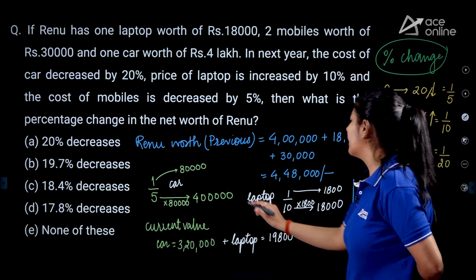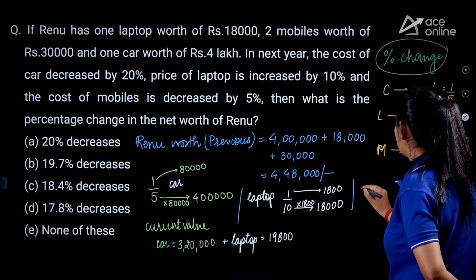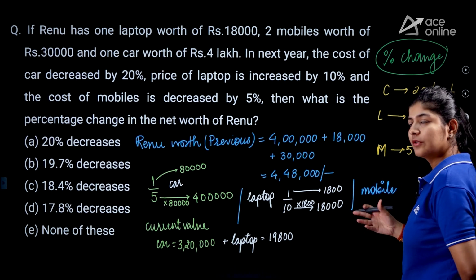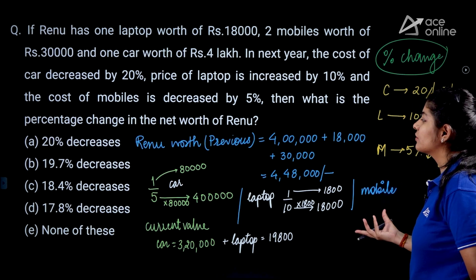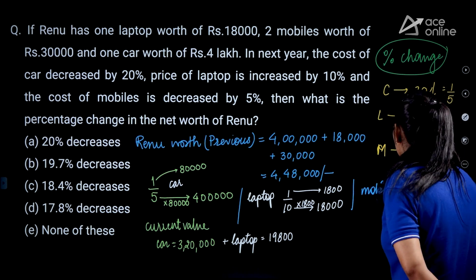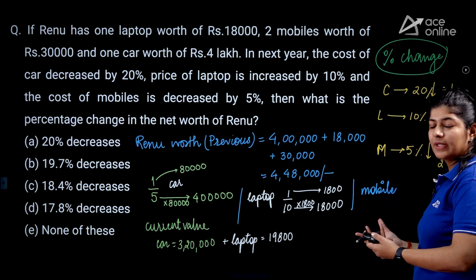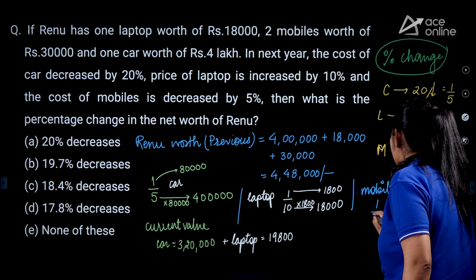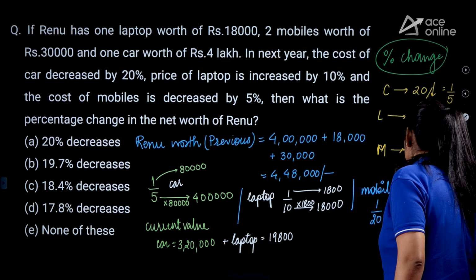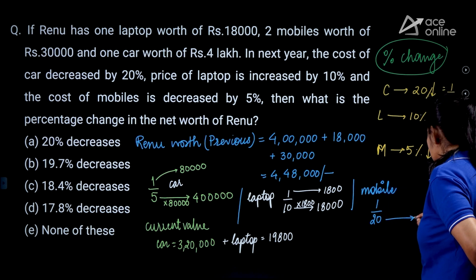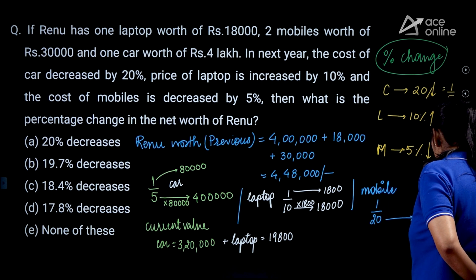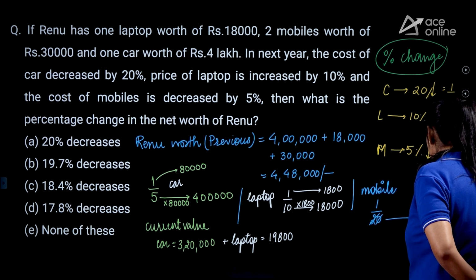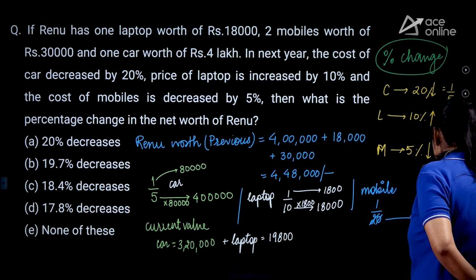Okay. Now the next one is nothing but the mobile. If you are not able to solve it like this, you can also solve it directly, as we did with the percentage. So here there's a decrement of 1 by 20. Now the value of this 20 is equal to 30,000. So here this is eliminated, and here we are getting the value of 1500.